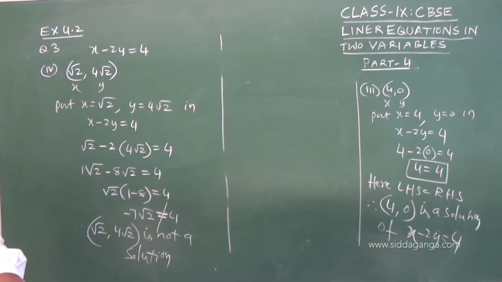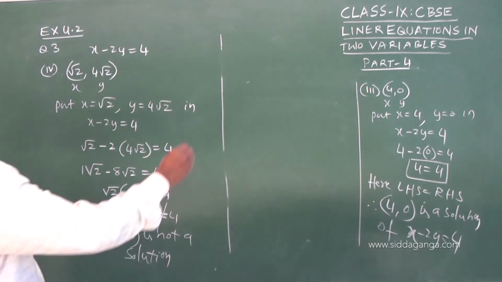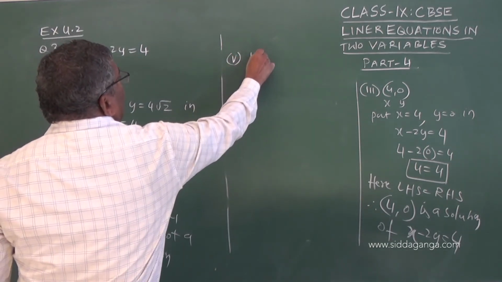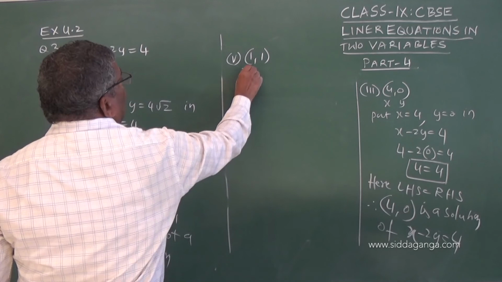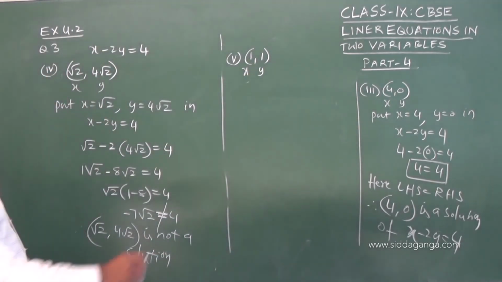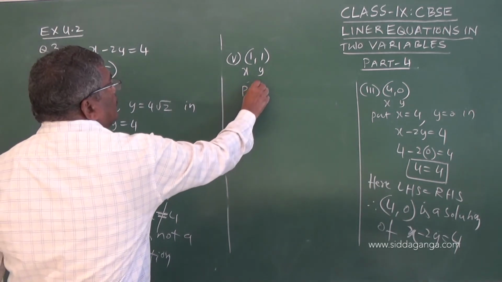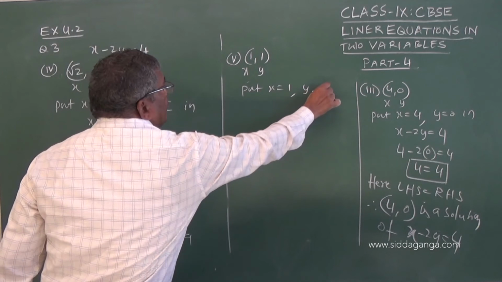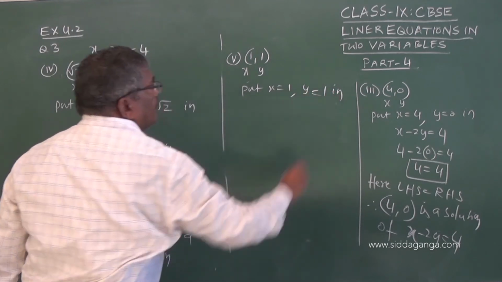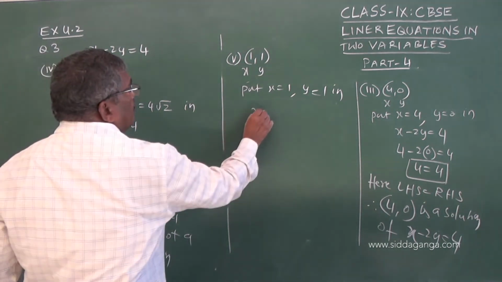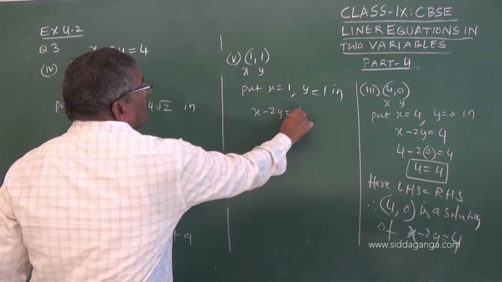And finally, the fifth one, (1, 1). Here x is 1, y is also 1. Put x equals 1, y equals 1 in x minus 2y equals 4.